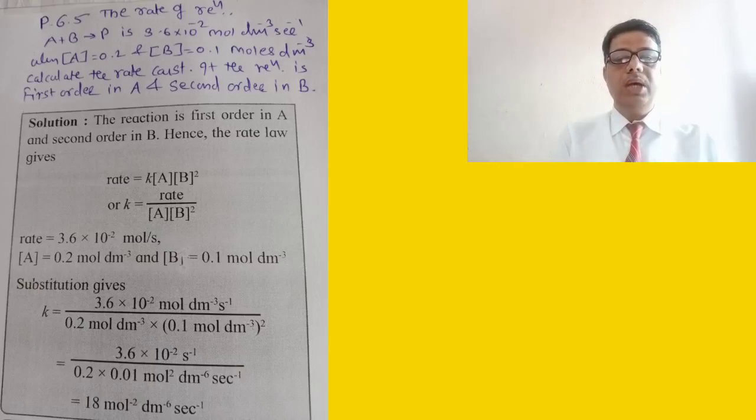So here we have to calculate the rate constant K if the reaction is first order in A and second order in B. So solution for this, see on your screen.